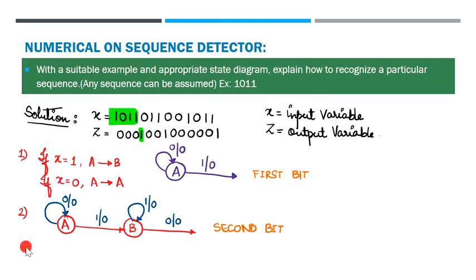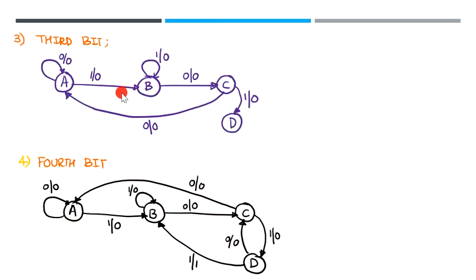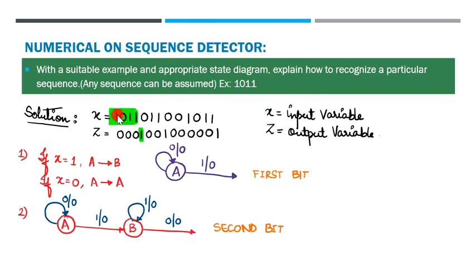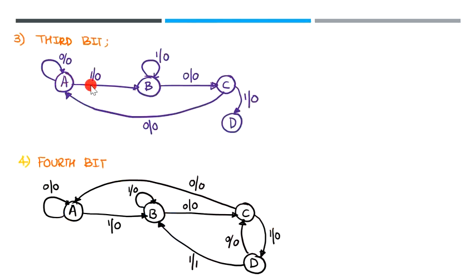Now when I'm going to check for the third bit, I need to check for the previous patterns as well, that is 1 0. Okay, so I need to check for the previous patterns 1 0 and then check for the third bit. So if I have it as 1 0 and the third bit to be 1, then I will move to the state D. If not, I will move back to the state A. So this flow goes in the similar manner like the previous case.